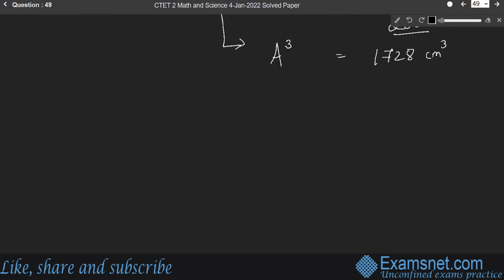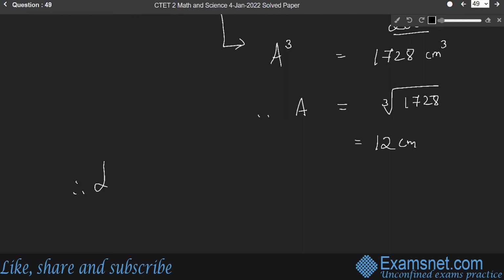Right? Therefore, measure of each side of the cube is equal to, so cube root of 1728, that is 12 centimeter. Right?